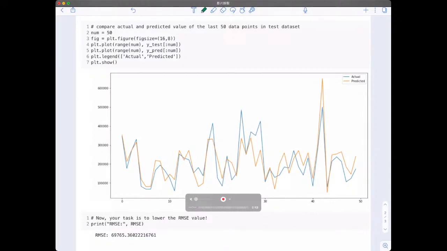Here the blue line is the actual data, which is y. The predicted data is y hat. Of course they are different, but the difference looks quite good, right?